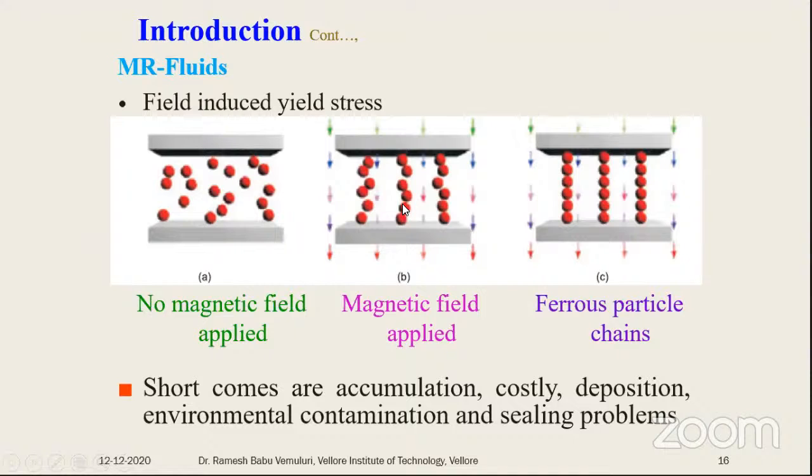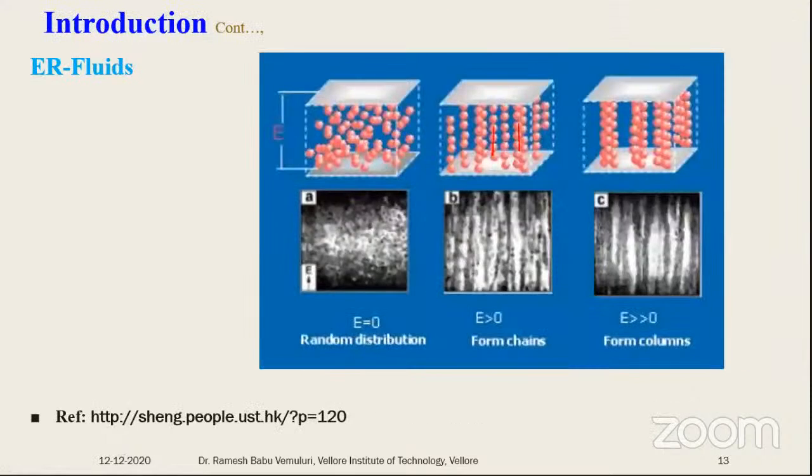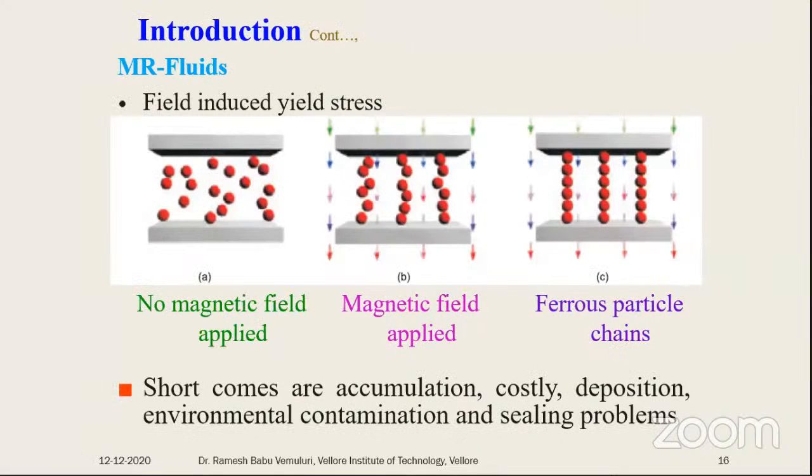So majorly, what are these particles? Here these are the electrorheological fluid particles. This one, the magnetorheological fluid, will have these iron particles. These are the ferrous particles. Once you apply a magnetic field, these iron particles will come into alignment, and after complete application of a magnetic field, it behaves like a complete solid.